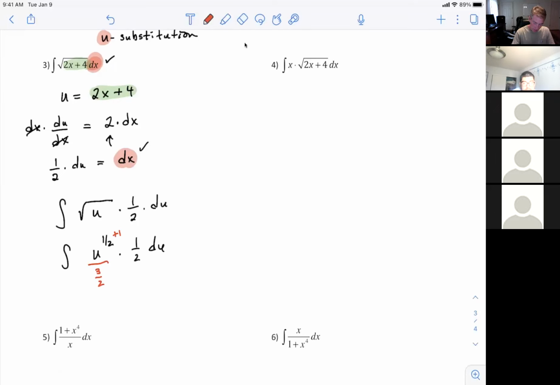And so then that leaves, well, you have to invert the 3/2, so that's going to be 2/3. There's also the fraction 1/2, which I'll just put right here. And then there's u to the 3/2, and then plus c.